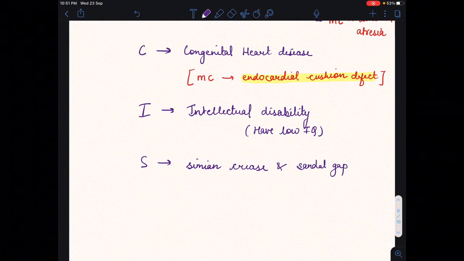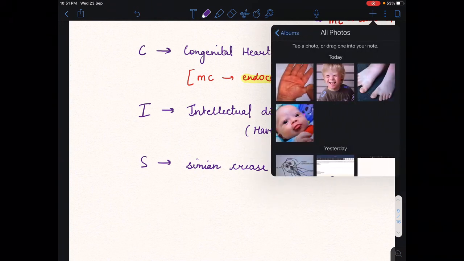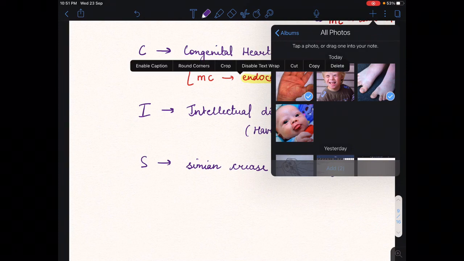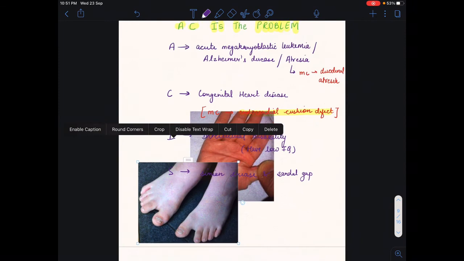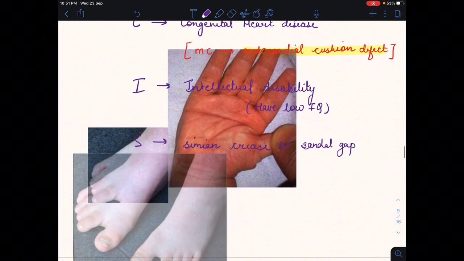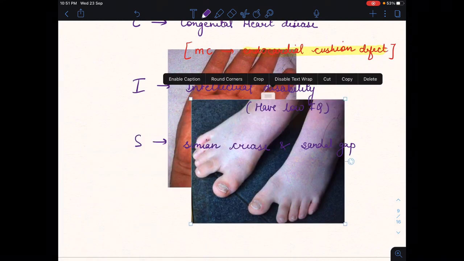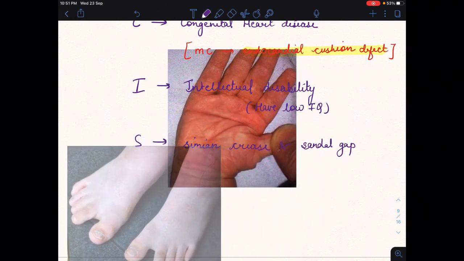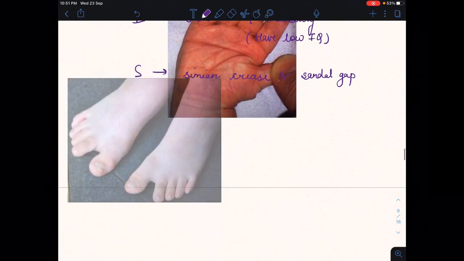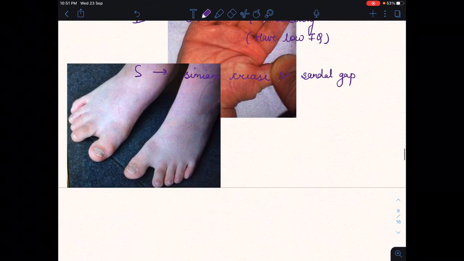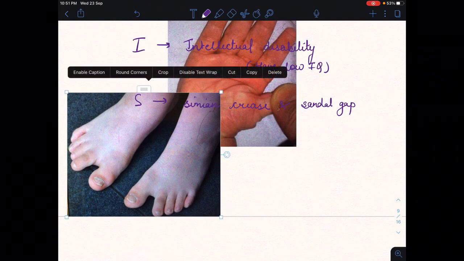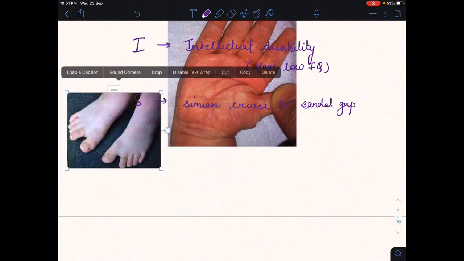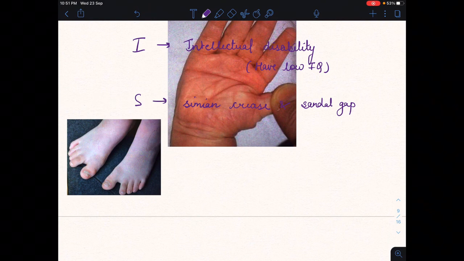Let me show you one photo. Here is our first photo.